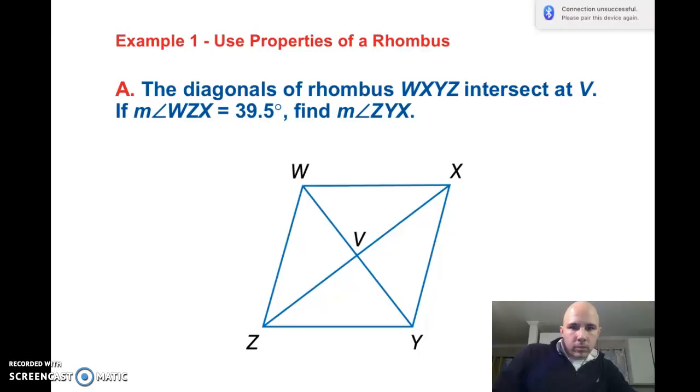Example number 1, we're using properties of a rhombus. For example A, the diagonals of a rhombus WXYZ intersect at V. If the measure of angle WZX is 39.5 degrees, we want to find the measure of angle ZYX.